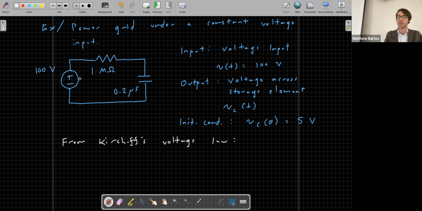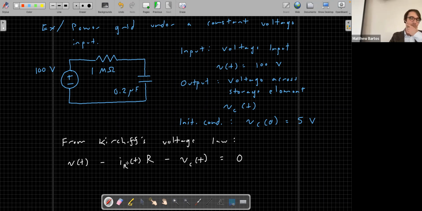Starting at this element, we have V of t, minus the voltage drop across the resistor. What's the voltage drop across the resistor? Yeah, current times the resistance. So I'll write the current as I_R of t and the resistance as R, minus the voltage change across this capacitor, which is V_C of t, our output that we're interested in. And we set this equal to 0.